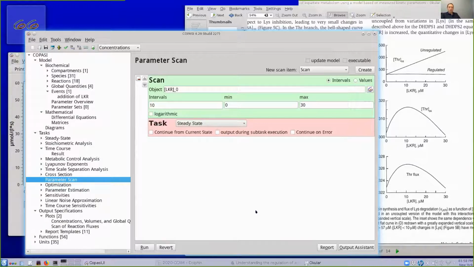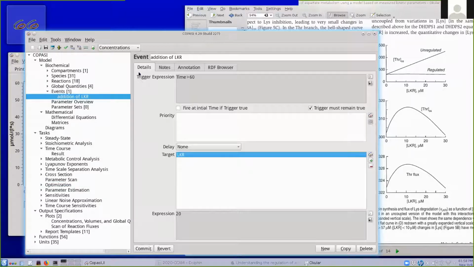Okay, so I'm going to load another model from biomodels. Petra, I have a question. When you were defining events, there was an option to define the priority. What is it about?